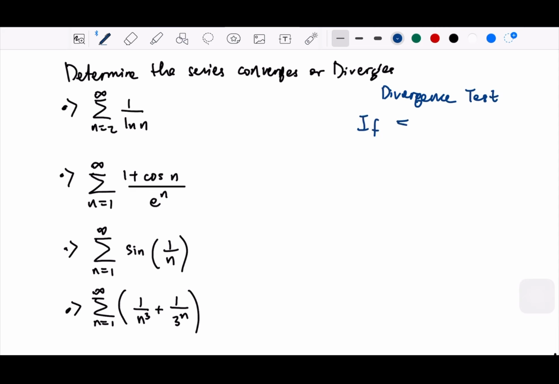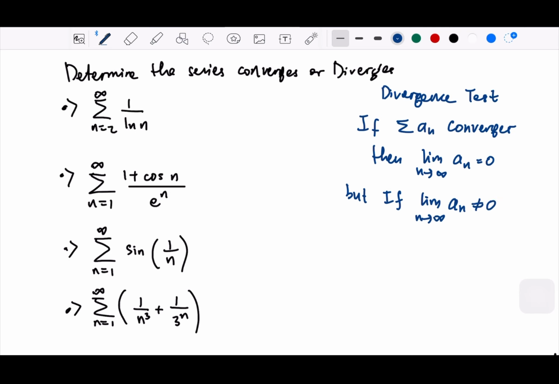So if the series converges, then its limit is equal to 0. But it doesn't work reversibly. So if the limit is 0, the series is not necessarily convergent. But if the limit is not 0 or does not exist, then the series diverges.